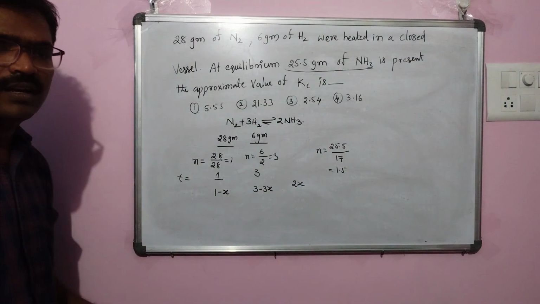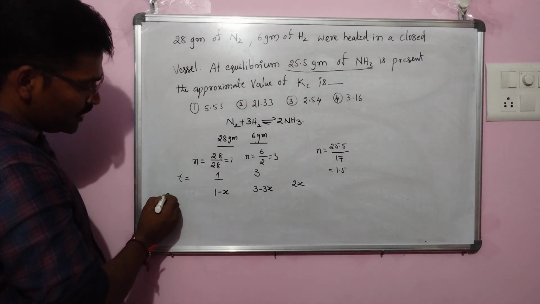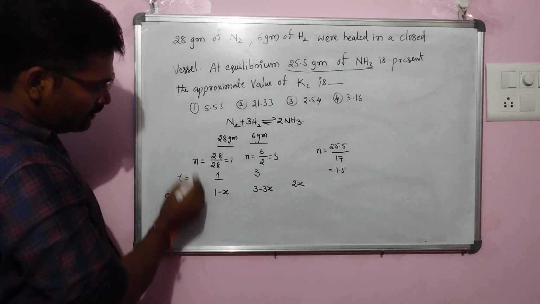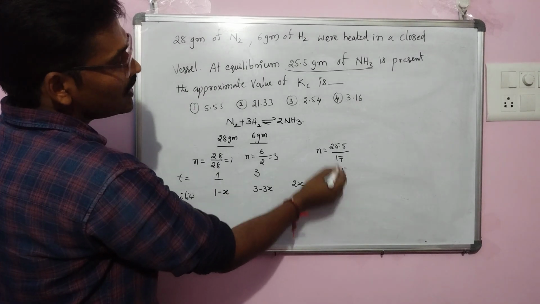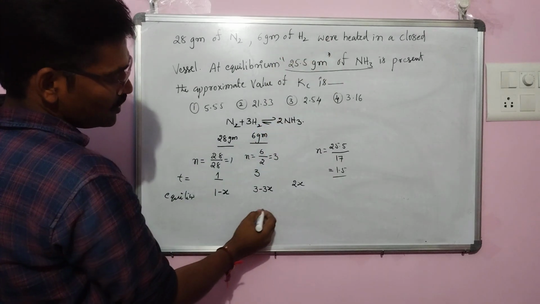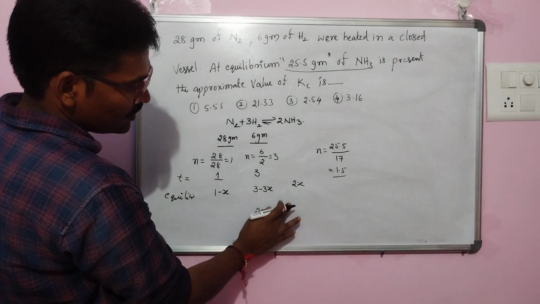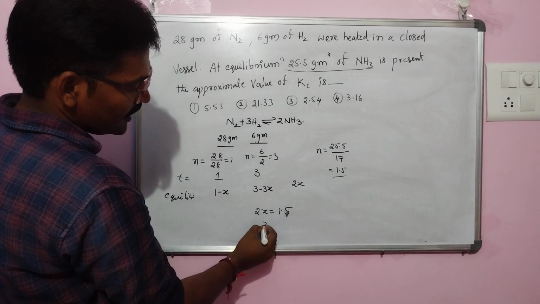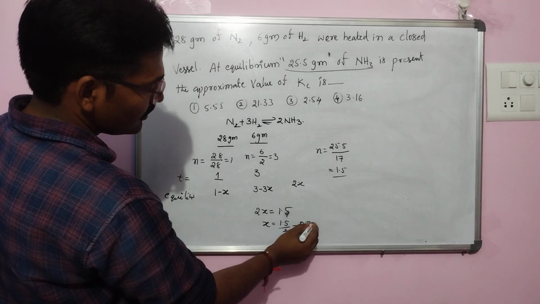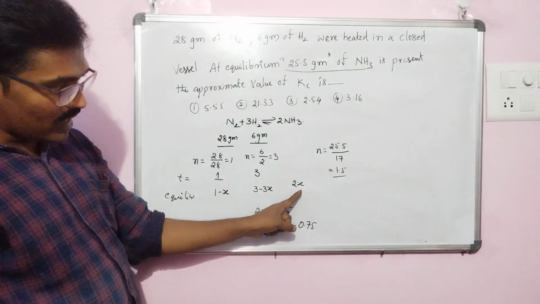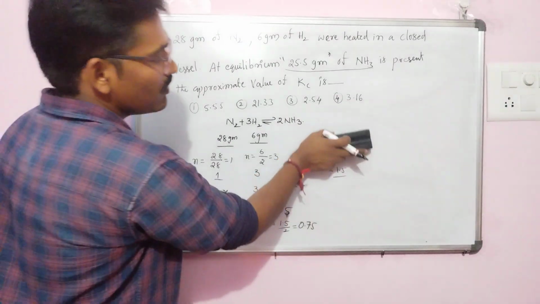Understand all of it? Now at the equilibrium position, 2x equals 1.5, because the grams are mentioned like this. So 2x equals 1.5, then x equals 1.5 divided by 2, which is 0.75. When this x value is substituted, you get the actual equilibrium concentrations.